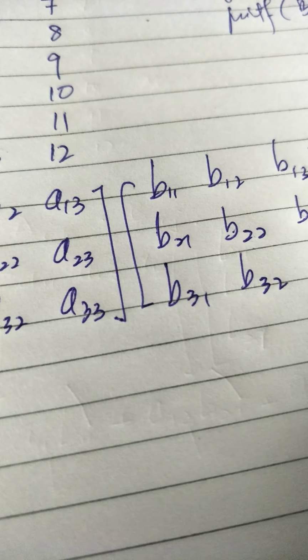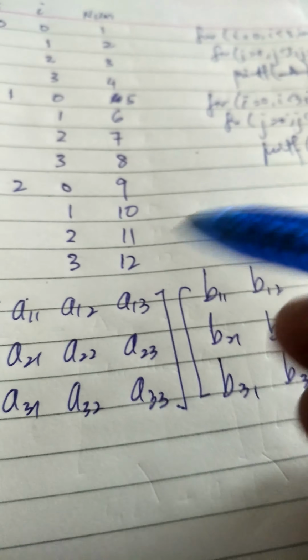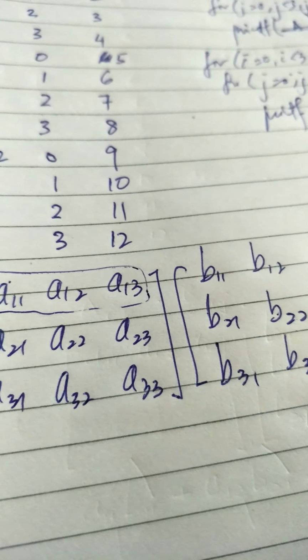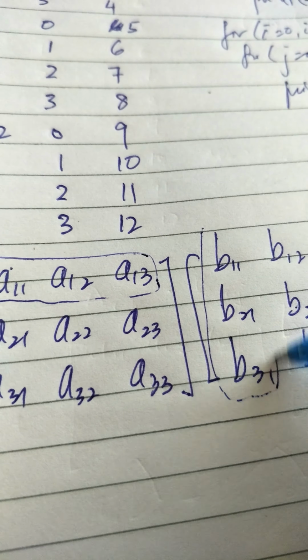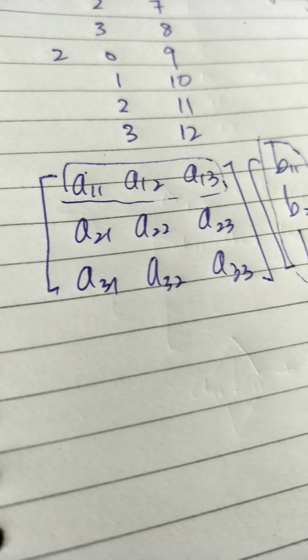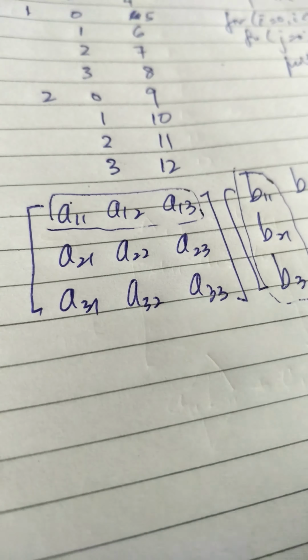So the first element of matrix C is obtained by multiplying the first row of matrix A with the first column of matrix B. If you do this and add up all those elements that you obtain, okay.